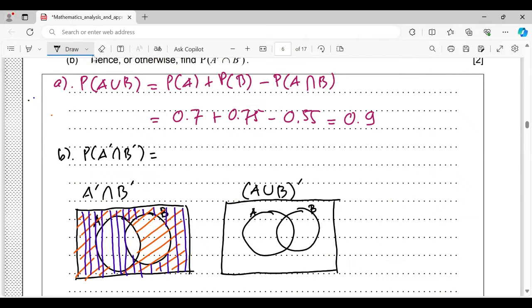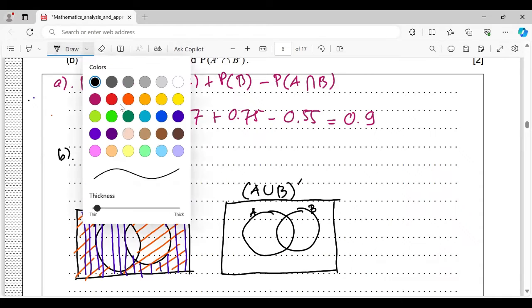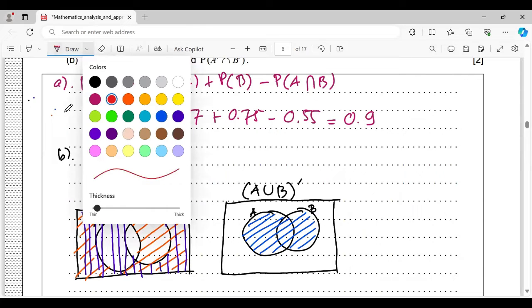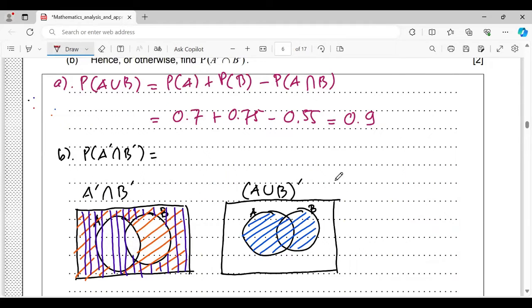So A union B is this one, A joined with B. If non-A union B, it is out of A union B, this area.